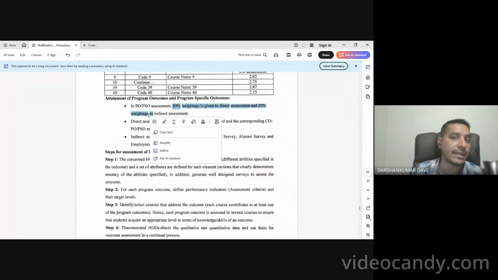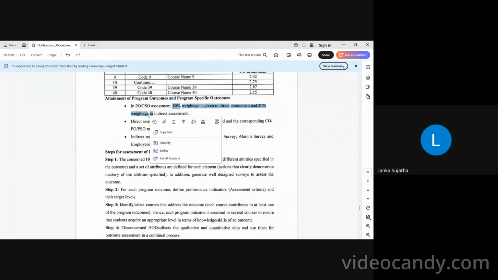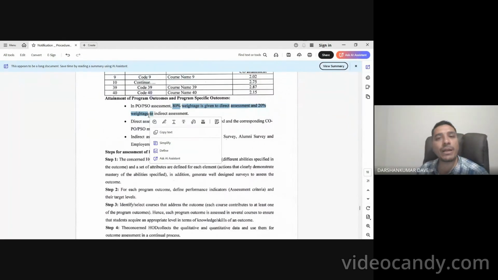So you should avoid that at the course level. But once your program is done and your students have been placed, they are supposed to be well matured, so we can rely on their responses. That is why indirect assessment should be included in your program outcomes.